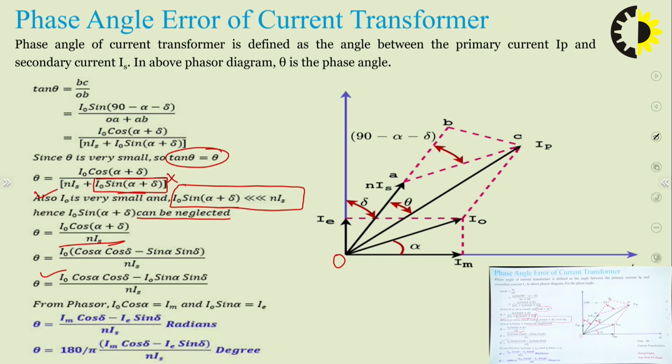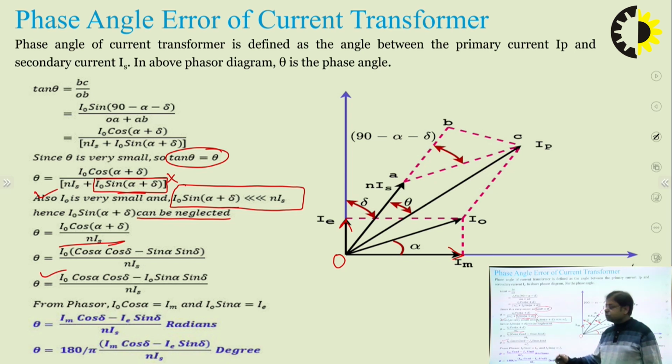Now again, visualizing the phasor further, we come to know the projections of this I naught in the horizontal and vertical directions. So we will be considering the values of IM and IE over here. IM is I naught cos alpha and IE is I naught sin alpha.